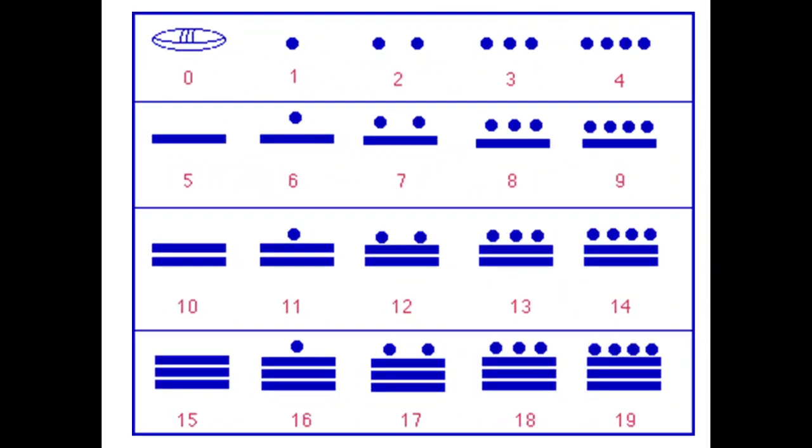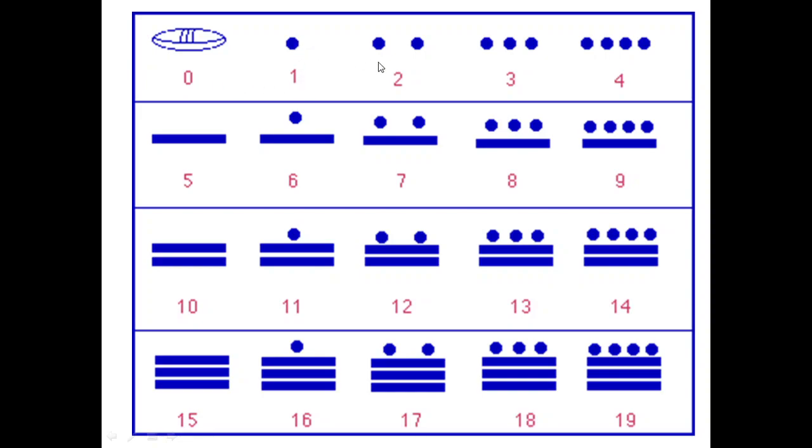So this is an example of how they write. So ang kanilang 1 is depicted by 1 dot. Ang kanilang 0 naman is depicted by parang it looks like a donut or parang football. Bola ng football. That's 0.